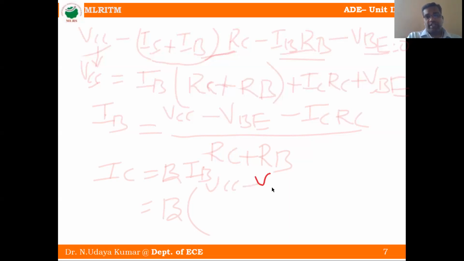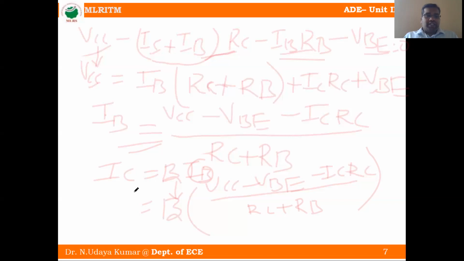VCC minus VBE minus ICRC by RC plus RB, because IC is equal to beta IB. Beta is as it is. This is called collector current.